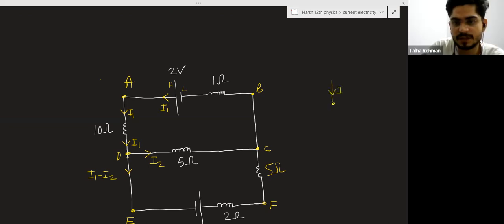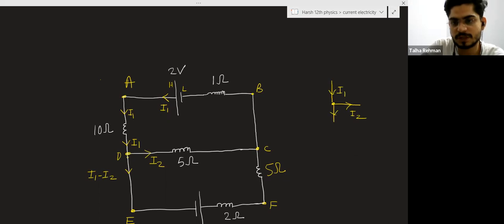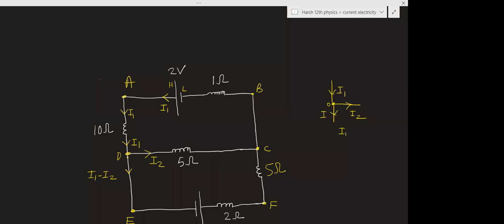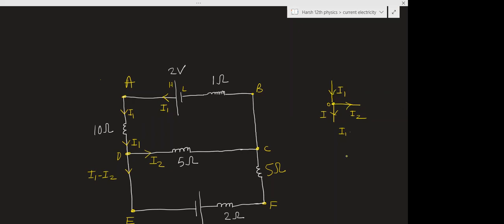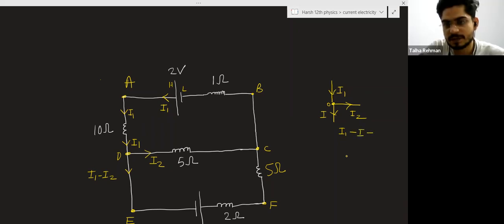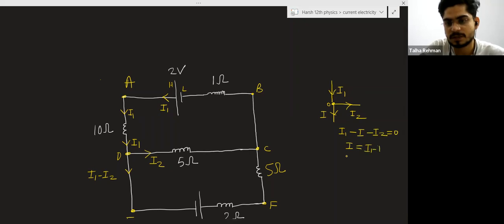Here I1 is coming like this, I2 is going like this, and we don't know what the current is here. You are at the junction; I1 is coming towards the junction, so you will take I1 as positive, and you will take I2 as negative, equal to 0. And you will get I equal to I1 minus I2. This is what you have applied at the junction.